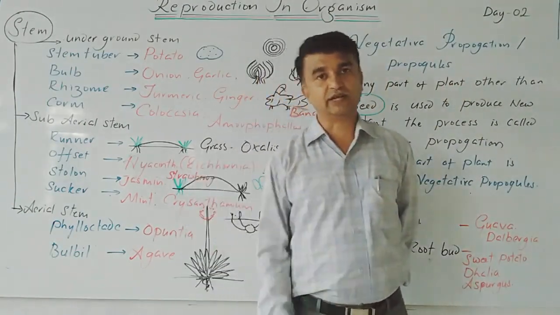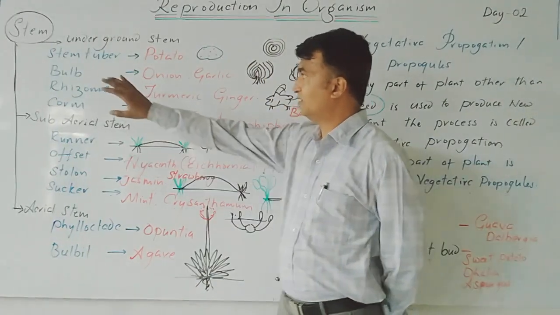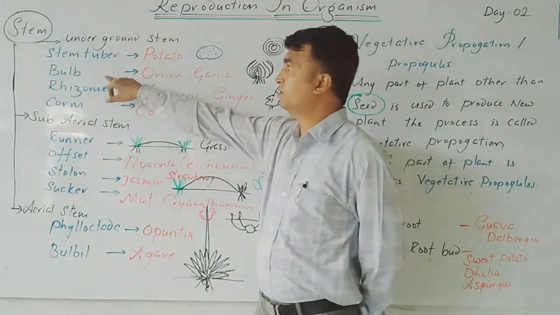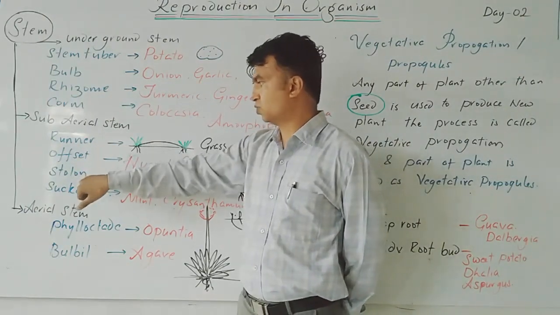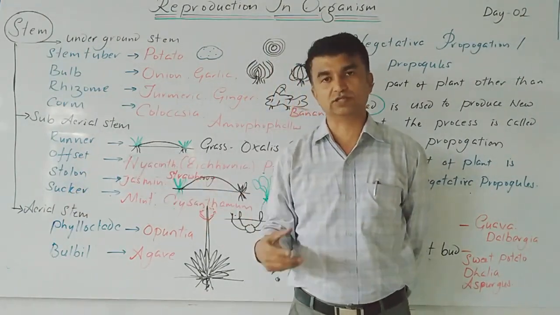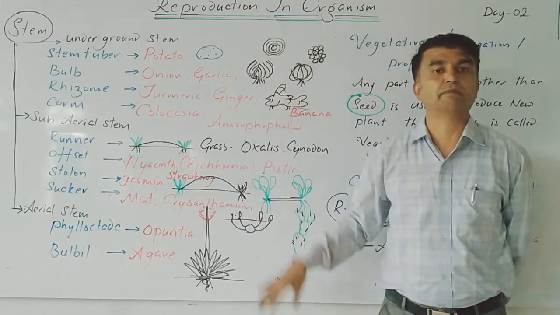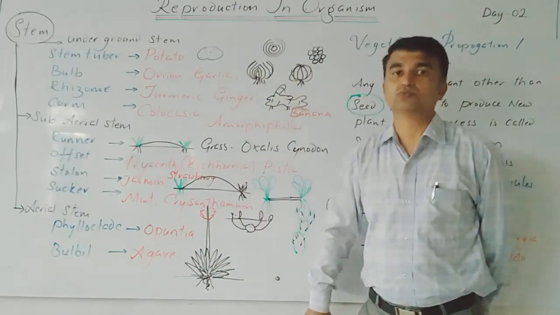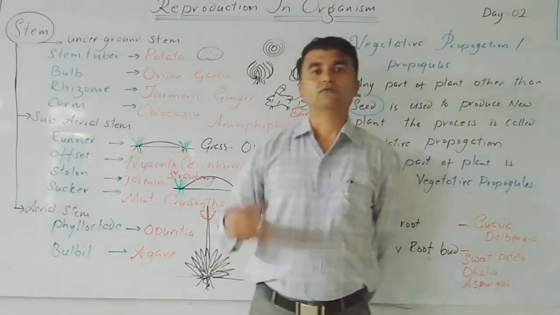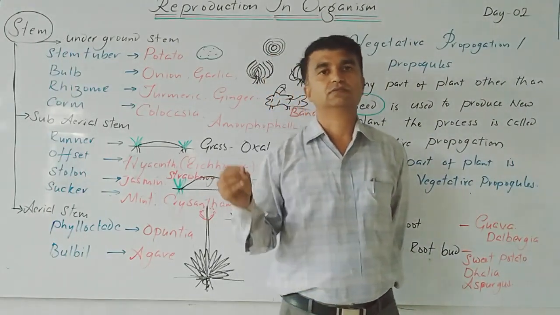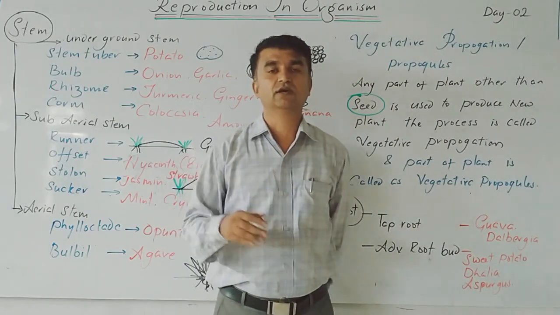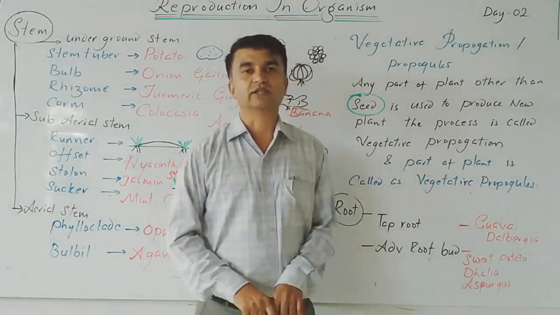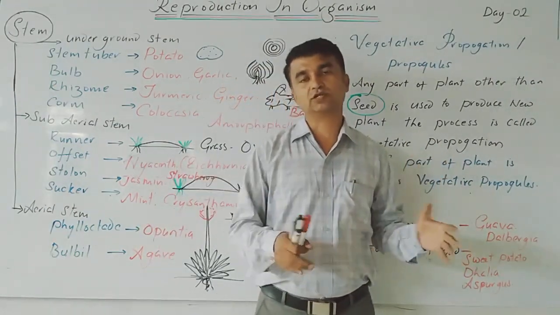But in your NCERT textbook, what they have given is only the terminology like bulb, rhizome, runner, stolon, sucker, but examples are not mentioned. So just revise once. Vegetative propagation means any part of the plant, other than the seed, if it is used to produce a new plant, then the phenomenon is called vegetative propagation.